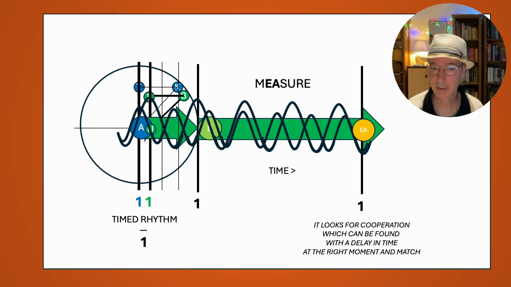Time E is about timing, and here you have the word measure already more or less explained. So you have the A, it's the timing.